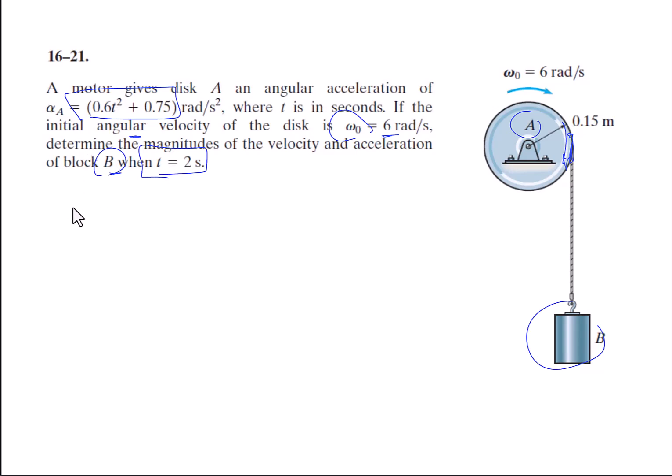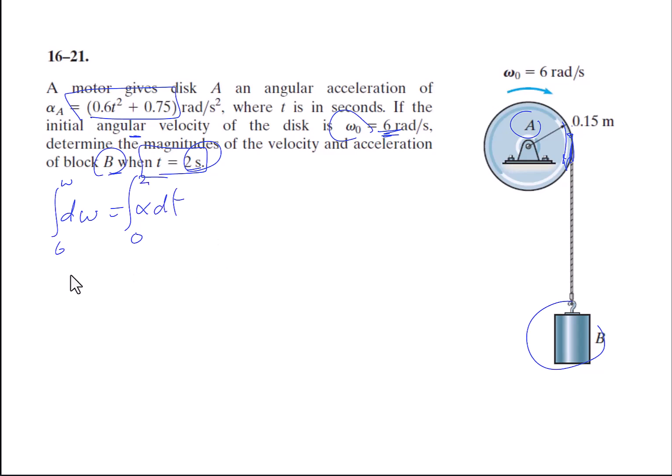The relevant kinematic equation is d omega equals alpha dt, and integrating these from 6, the initial one, to omega, the final one, and time from 0 to 2 seconds.